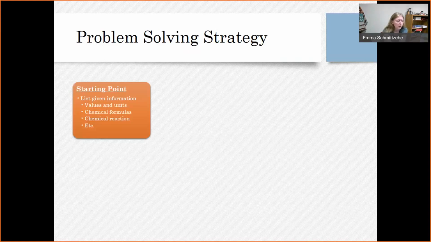So I would say, you're going to identify your starting point. Okay, and when I say your starting point, that means what's given. Okay, because something that's given must be where you start. If you're doing math, you can't start with something if you don't have it, right? So you have to have some information to start with.